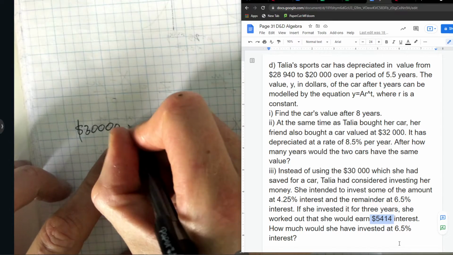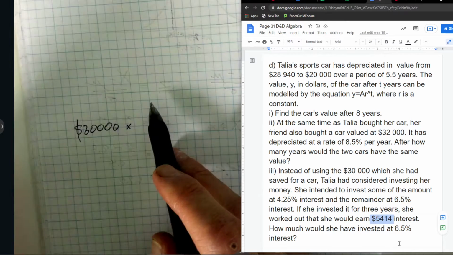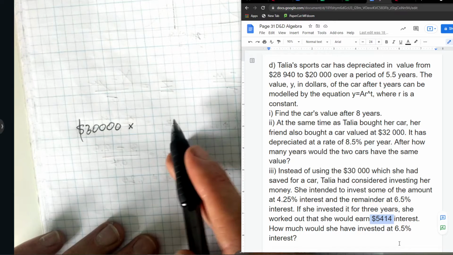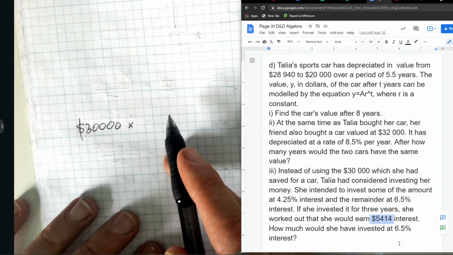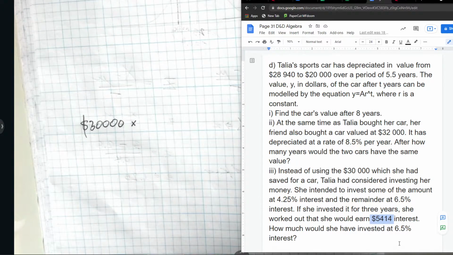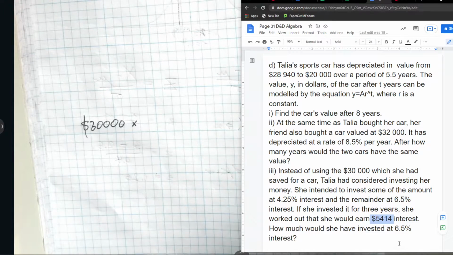And then that times the fact that she splits it and we don't know how she's splitting it means that I don't know what direction to go in. Let's just pretend that, okay, so are we imagining that the 4.25 doesn't matter?